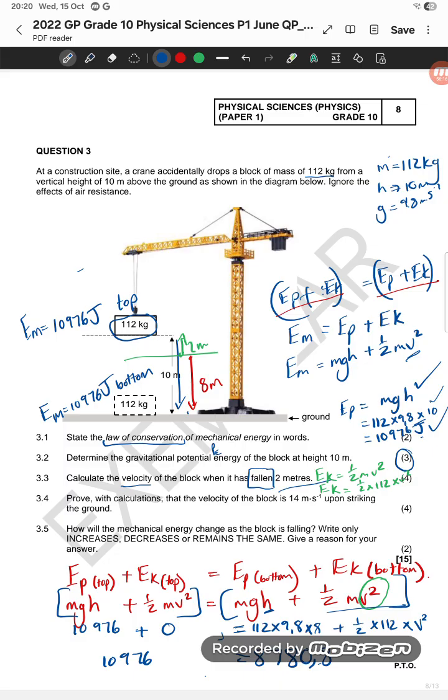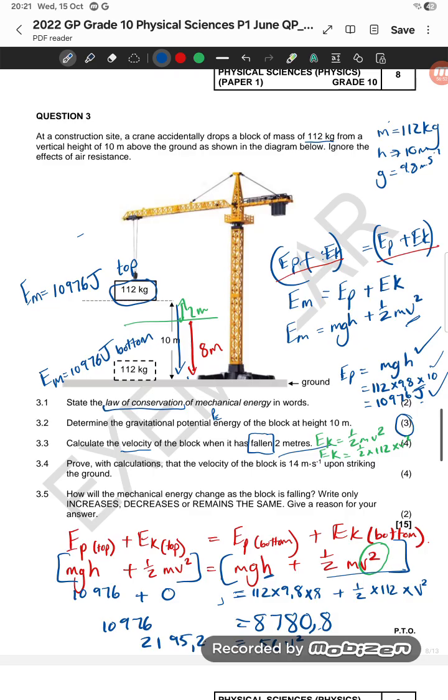Then take it over to the other side, in other words minus it, both sides. It should be 2195.2 joules equals half of 112, which is 56, v squared. So I'm just doing a bit of math.